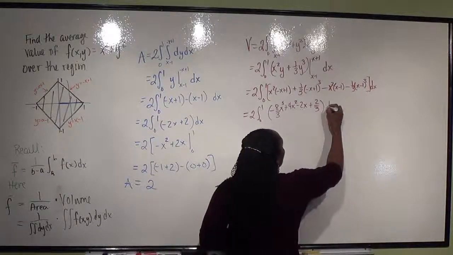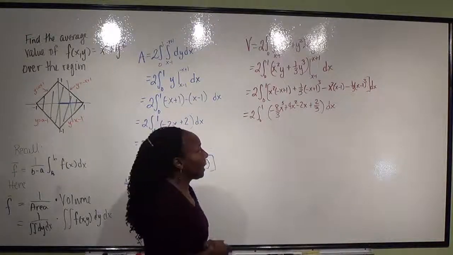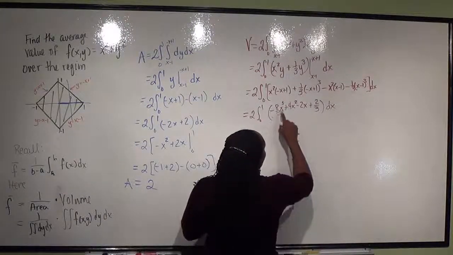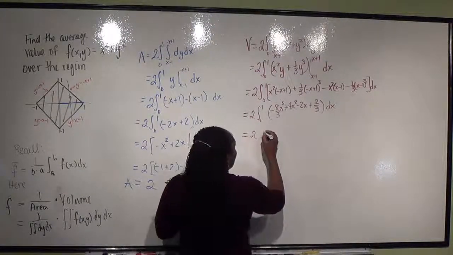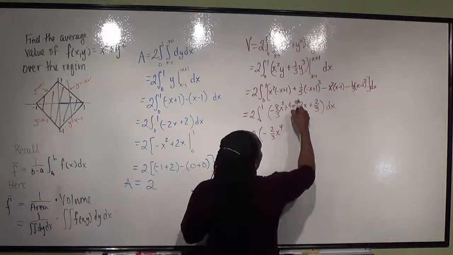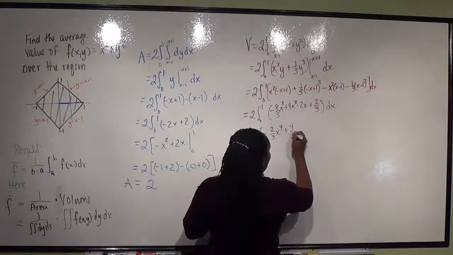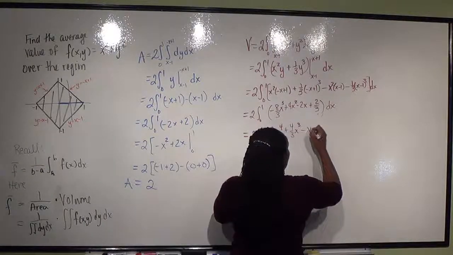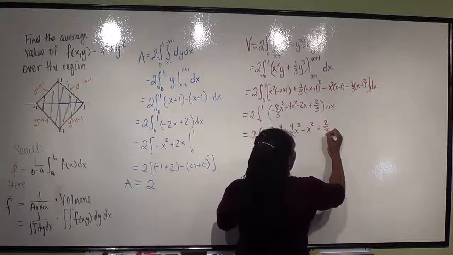We're going to integrate that with respect to x. So integrating, we'll get x to the 4th over 4, which looks like a negative 2/3 x to the 4th, plus 4/3 x cubed. Squaring that, we'll get a minus x squared plus a 2/3 x.